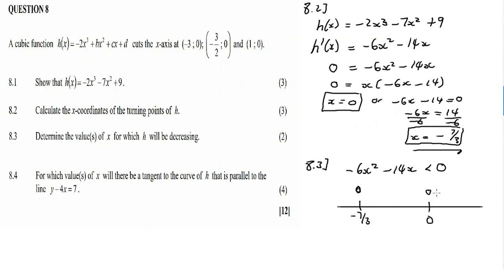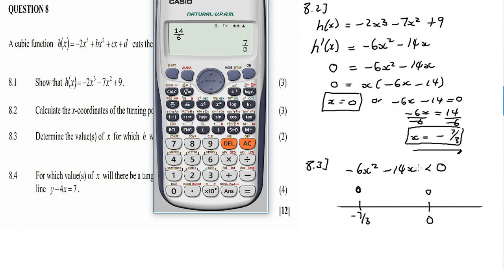So I want an x value greater than 0 and I substitute it. It means I'm looking for values of x that, when I substitute, give me a negative value. We check an x value greater than 0 and see whether it gives us a positive or negative value.